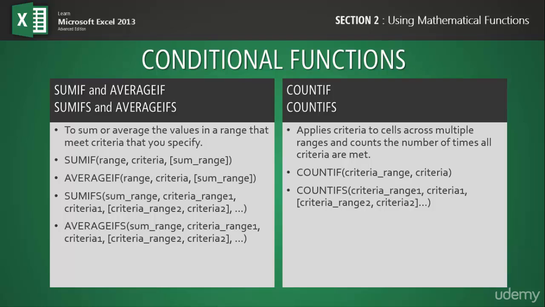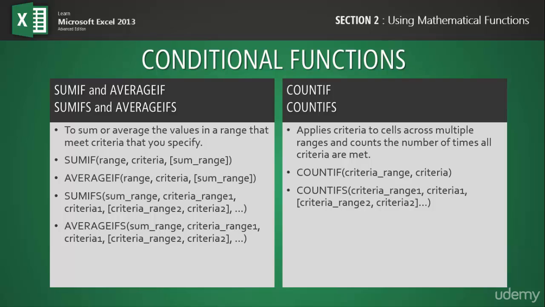Now if there are multiple criteria that need to be met for the calculation to be performed, we use the sum and average plural counterparts. They are the ones having a succeeding s, which signifies their plural form just like in the English language. Now the difference here to note is that the sum range is the first argument in their plural counterparts.